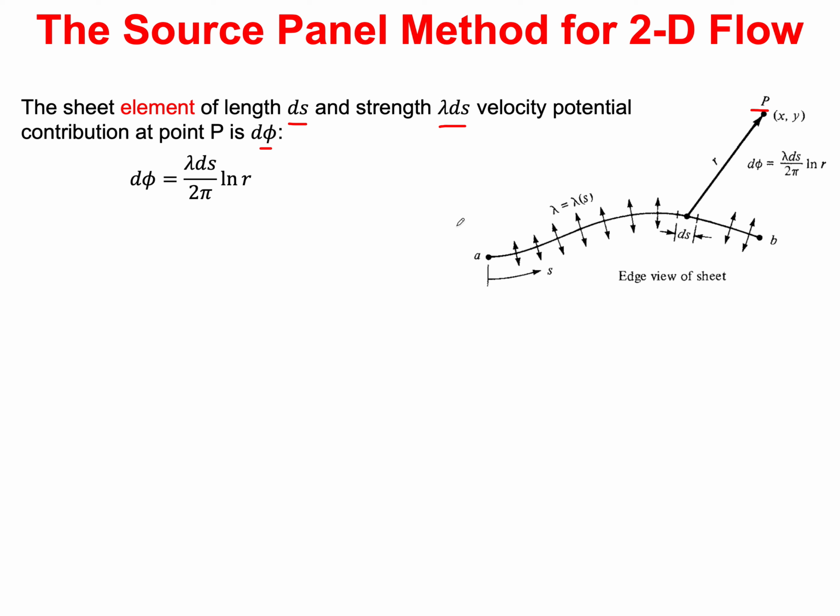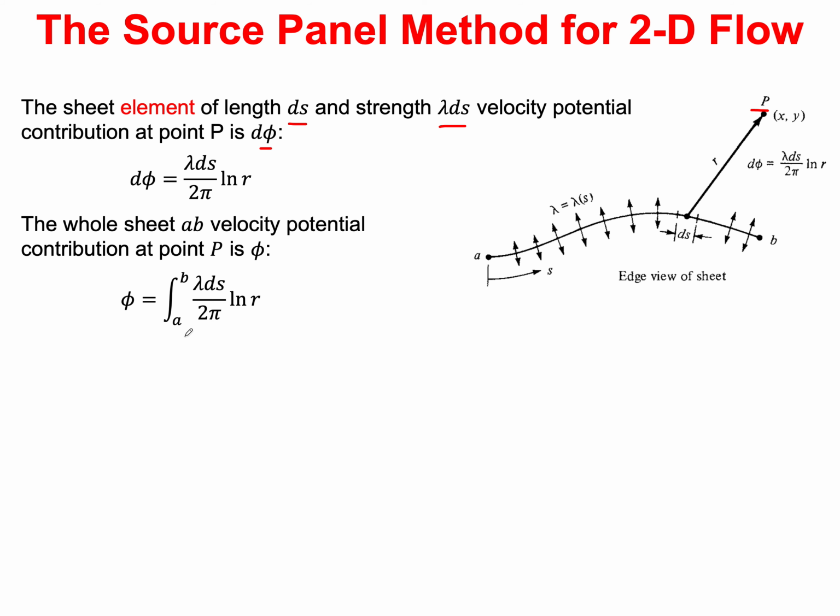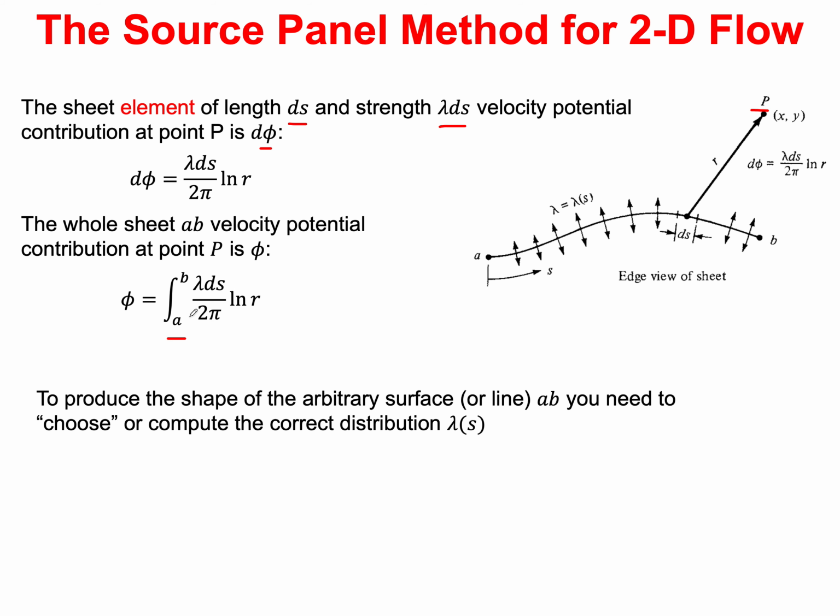And now if I want the phi from all the elements along AB, you just sum them up, which means you integrate them, the lambda ds over 2 pi log r from point A to point B. And if I pick my lambda distribution over the surface S just right, I'm going to get the shape of AB that I started with. So our task in potential flow theory is to find the lambda that is going to give me AB to be a streamline.